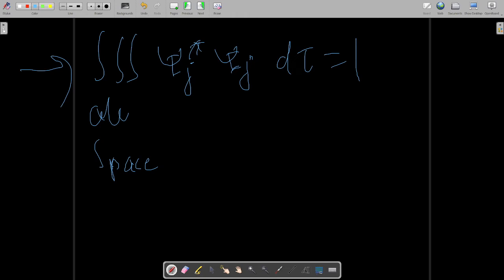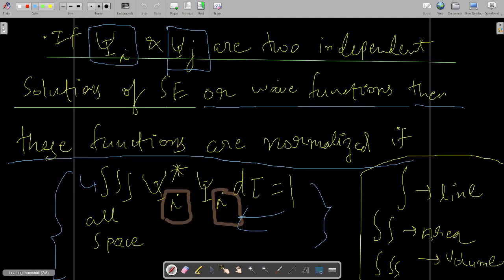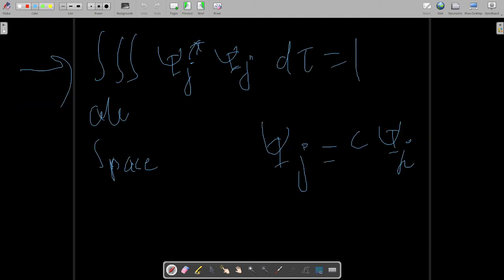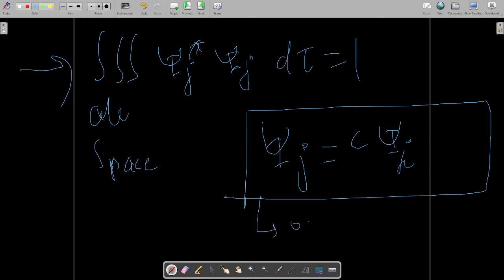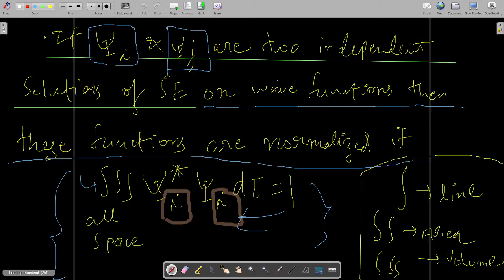And let me tell you one thing: suppose these are not independent. Over here it is given that they must be independent, but if they were dependent wave functions, would they satisfy this relation? Yes, they will; it becomes obvious, and they will be the same equation actually.